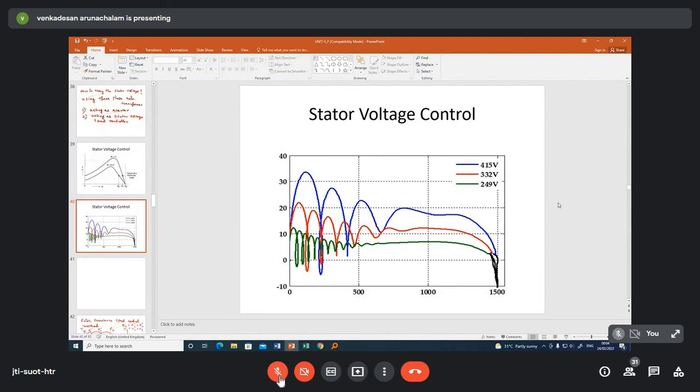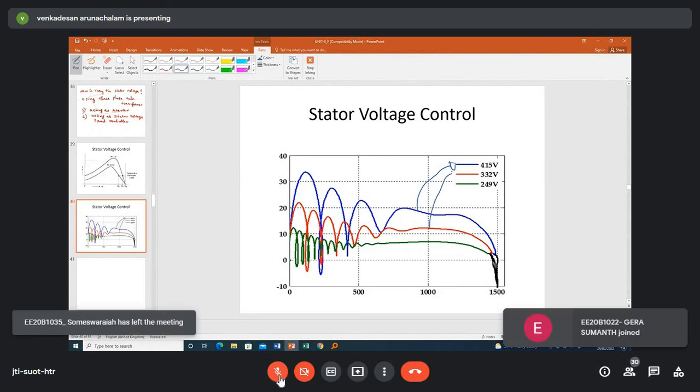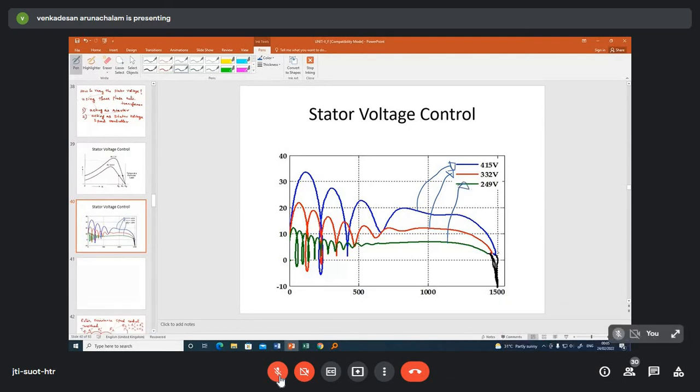The rated voltage of the induction motor that I have chosen is 450 volts. The first graph I have drawn for 450 volts, the second graph for 332 volts, and the third graph for 249 volts. And this is the operating point.